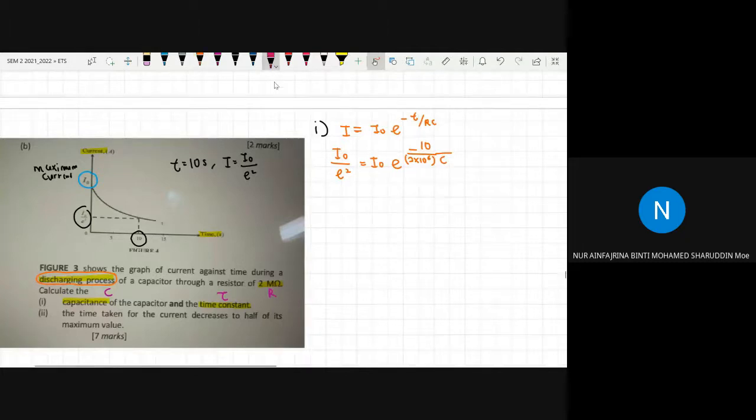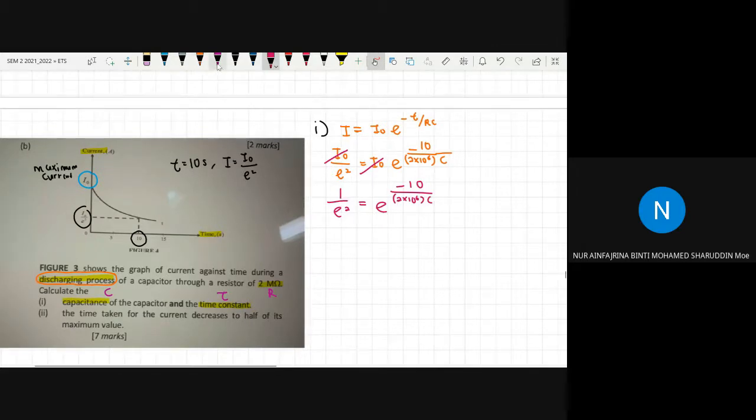Like I told you, the same on both sides can cancel, so I naught goes away. Now it becomes 1 over e squared equals e to the power of negative 10 over 2 times 10 to the power of 6 C.